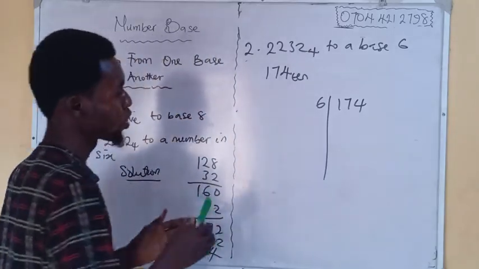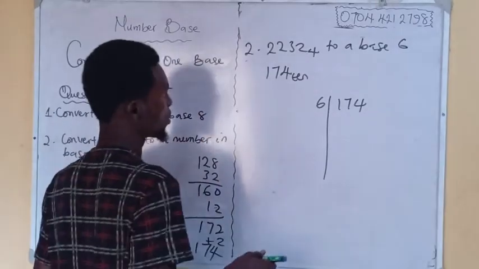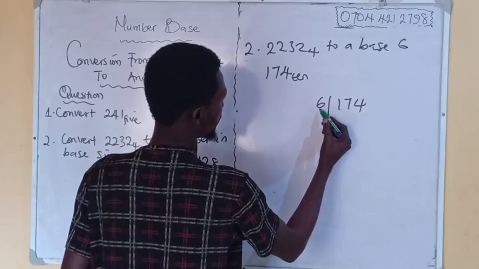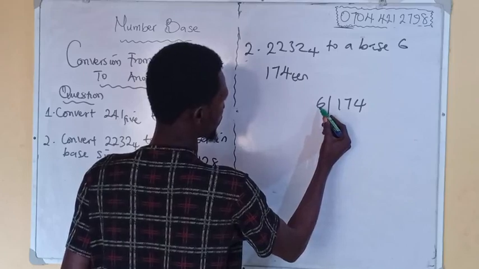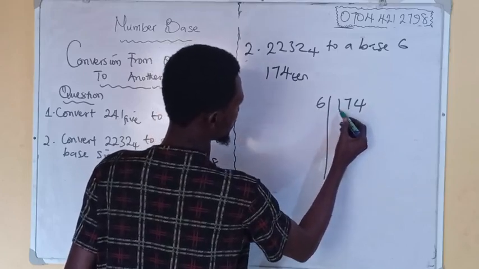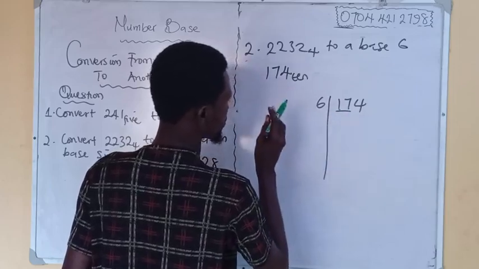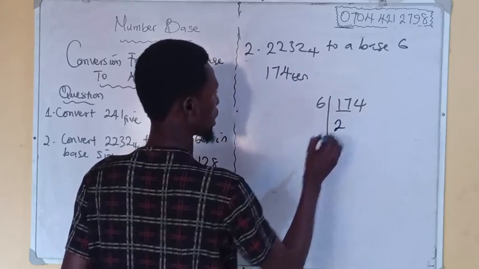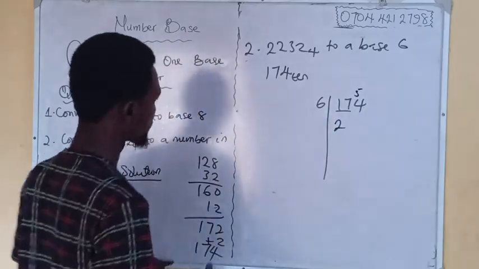We divide repeatedly. Okay. So let's see how it goes. So over here, 6 goes into 174. That should be 12, right? Yeah, 12. So 2 times, and then remainder 5.